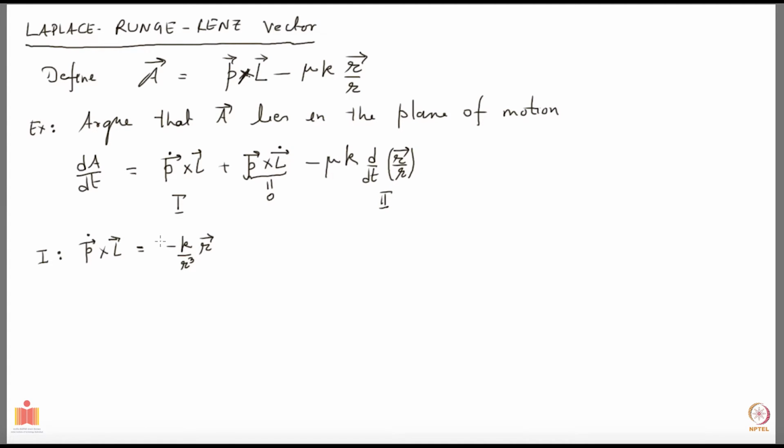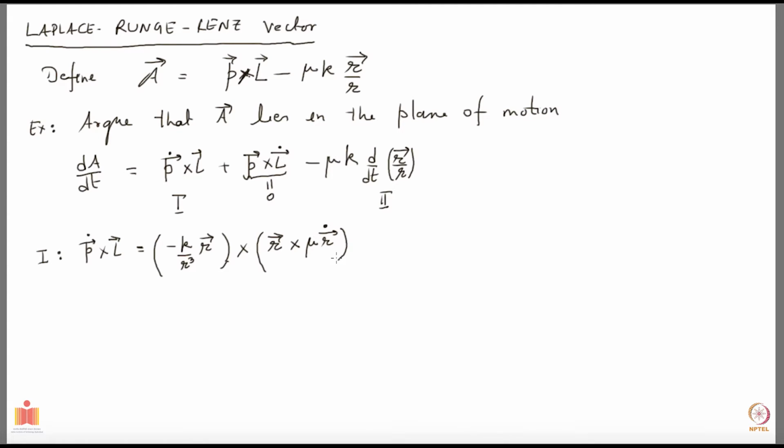Now let's cross this with the angular momentum, and angular momentum is r cross P, which I write as mu times r cross r dot.